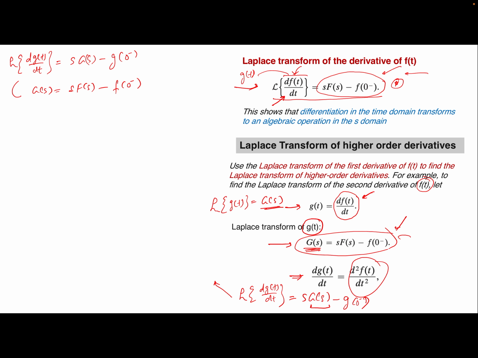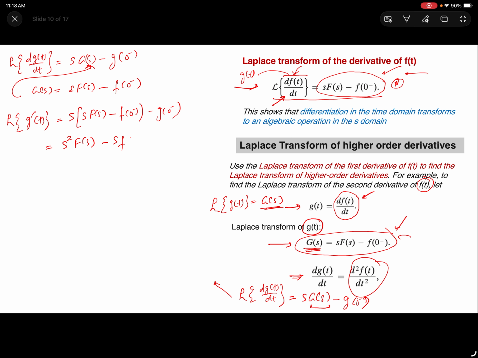So I'm going to replace this over here. The Laplace transform of the derivative of g of t is s times g of s, which is s times s f of s minus f of 0 negative, minus g of 0 negative, and that should come out to be s squared f of s minus s f of 0 negative minus g of 0 negative.